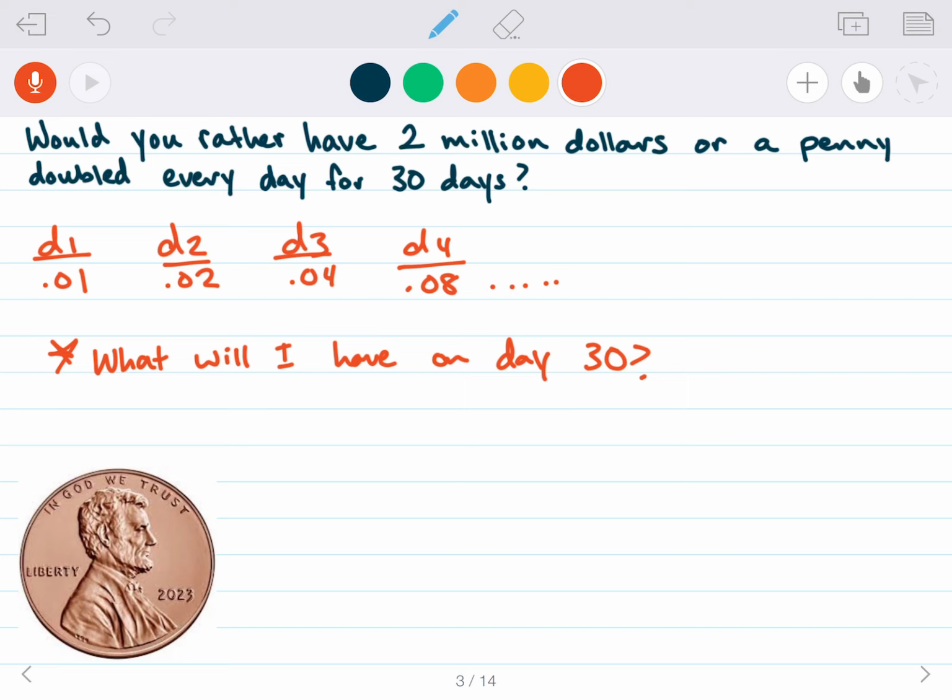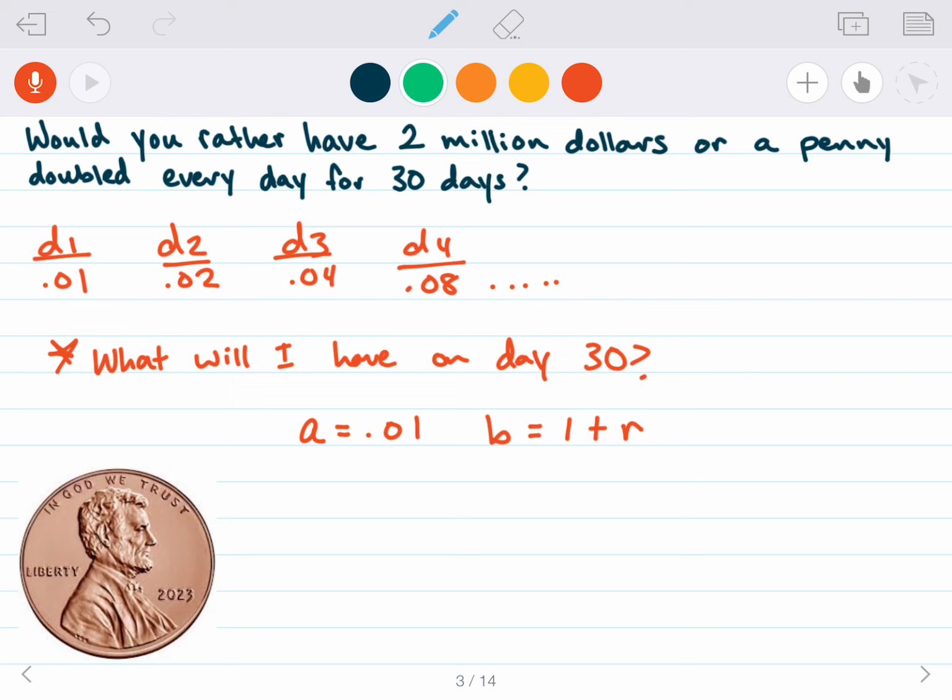Well, I can represent this situation with an exponential function, right? In this case, our initial value, our A, is going to be a penny, because that's what we start with. And our B, our growth rate, is going to be 1 plus R, the percent change.